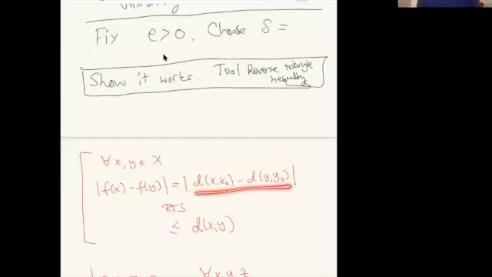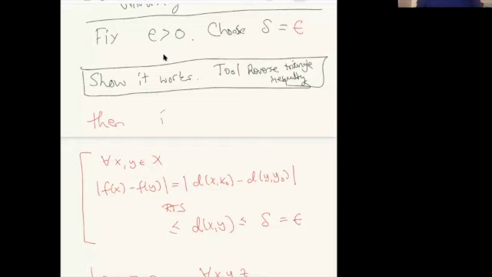This is bounded from above by that. But this is good because we get to make the assumption that the points are close. So if we say that the points are within delta, which is equal to epsilon, then we're good. So let's choose delta equals epsilon.